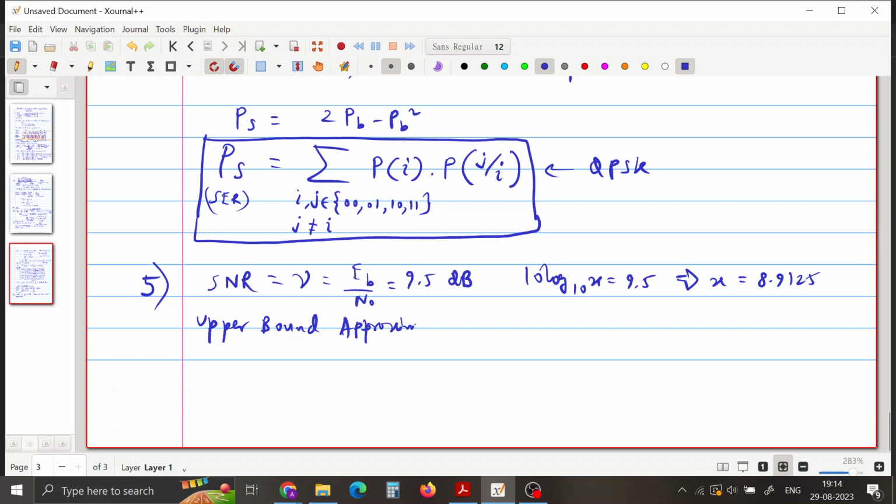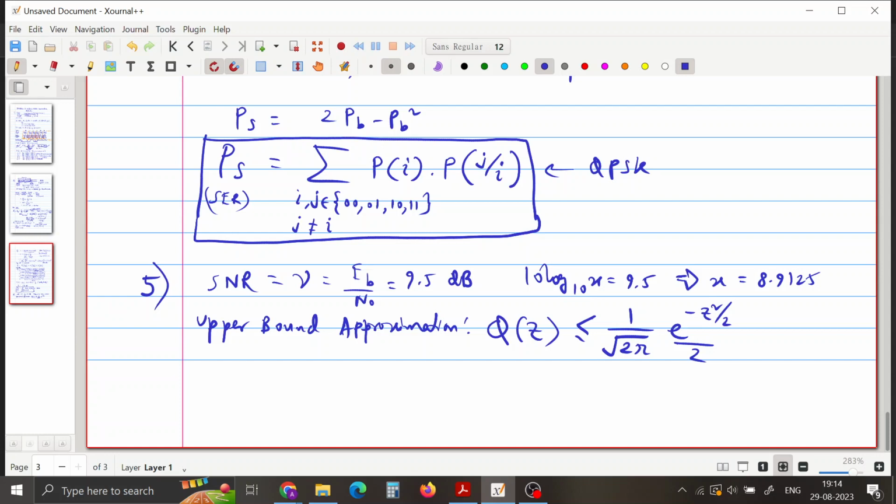That's mentioned in the question, and I derived it in the last week's session, the first question of last week. It is also discussed in the lecture notes, so you can refer to the lectures. The upper bound approximation was this, e power minus this.